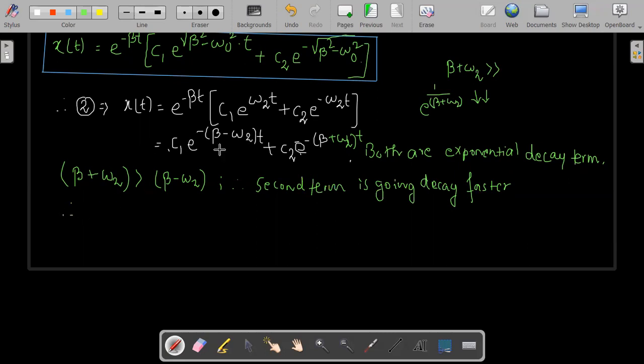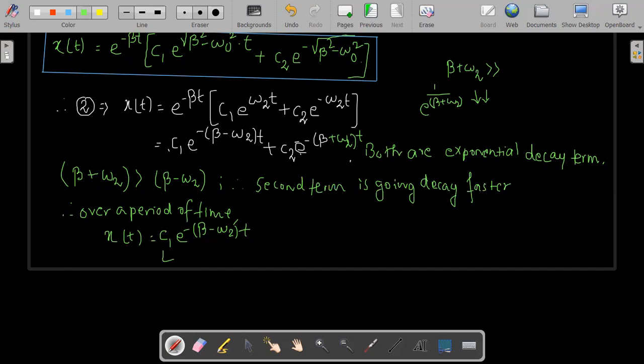Over a period of time, we are only going to have the first term creating the influence. That's a very important statement that you need to put. We can have x of t equal to C1 e to the power minus beta minus omega 2 into t. So for large time, the first term is going to create all the influence.